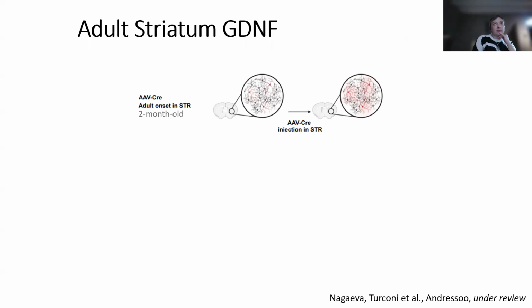And we right away tried to upregulate it in adult animals, so it would possibly have more clinical meaning. In these conditional hypermorph animals, when they were 2 months old, we injected AAV virus holding Cre and produced the overexpression of GDNF specifically in the striatum.